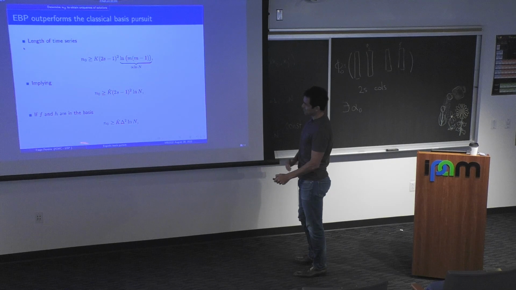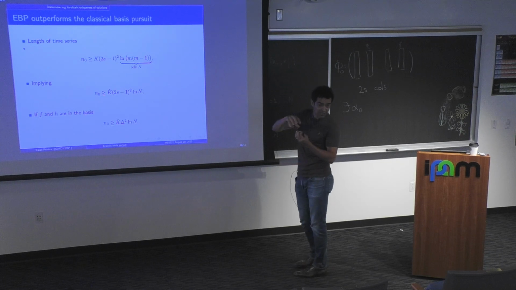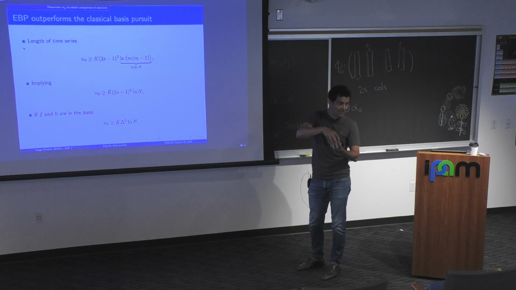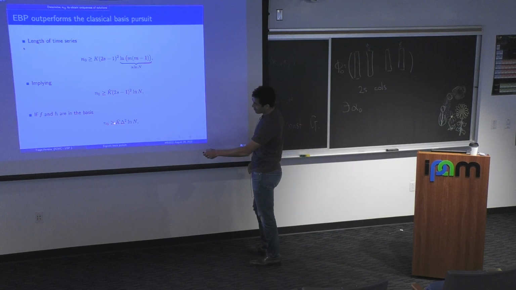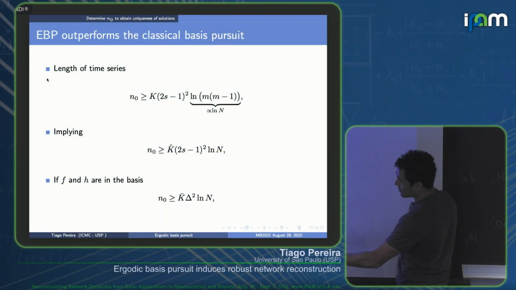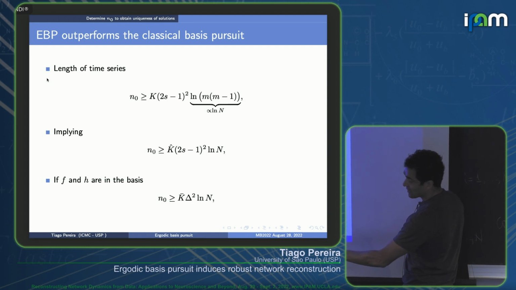There's another assumption. Let me just discuss this. If f and h are already in your basis, then this s here becomes the degree of your system, that is, how many connections a given node has. So in this case, the equation for n naught will be some constant that you can compute times the degree of the system squared times log n.